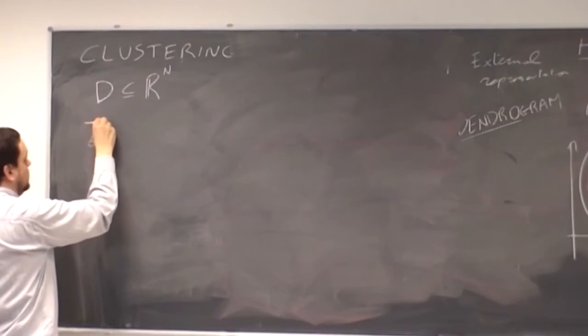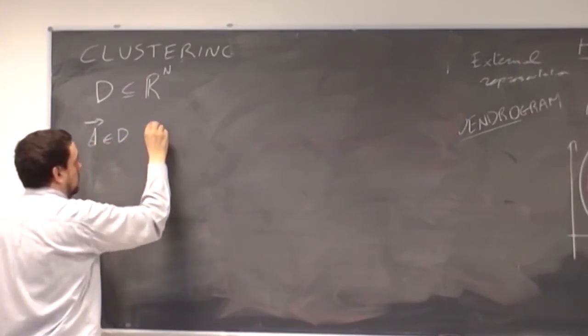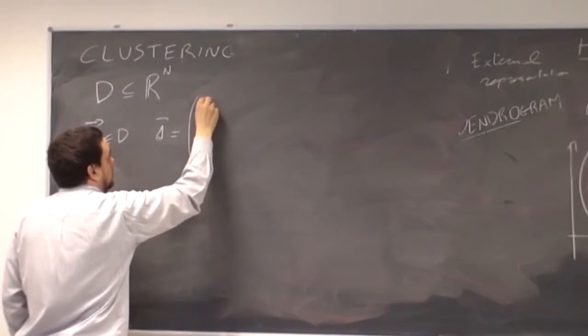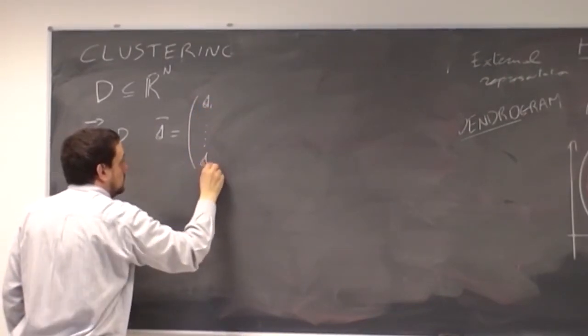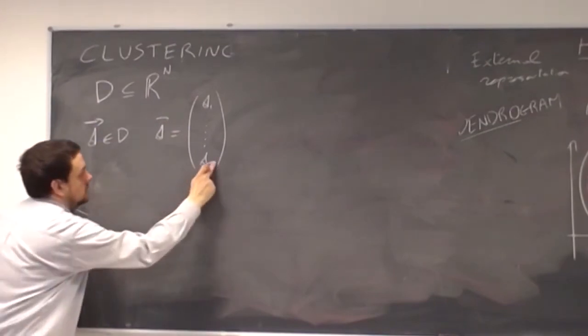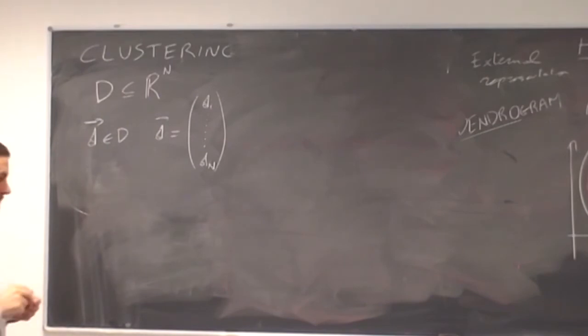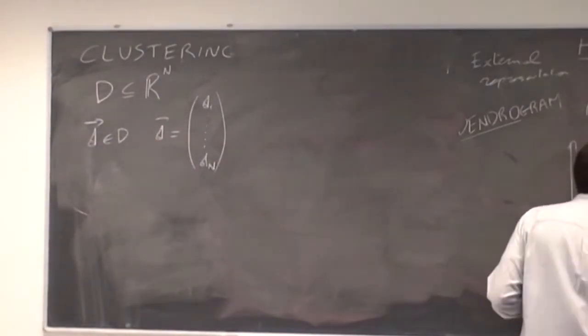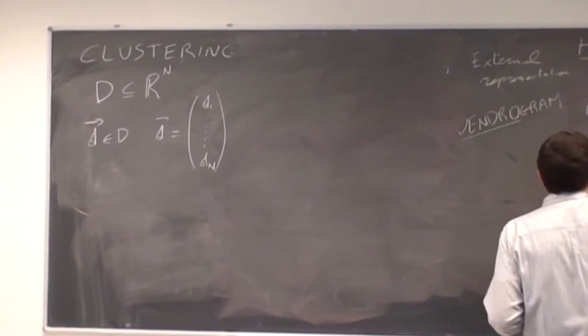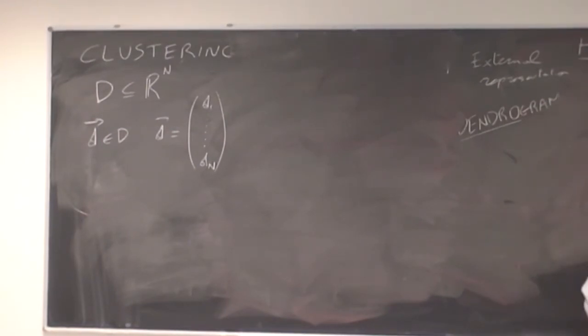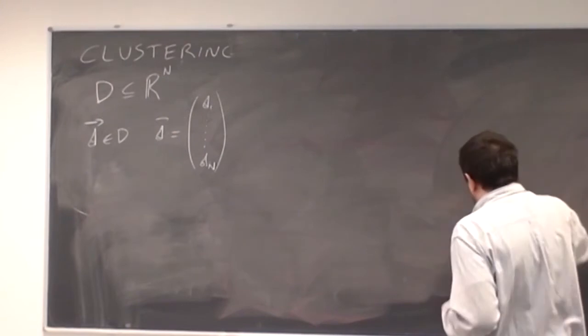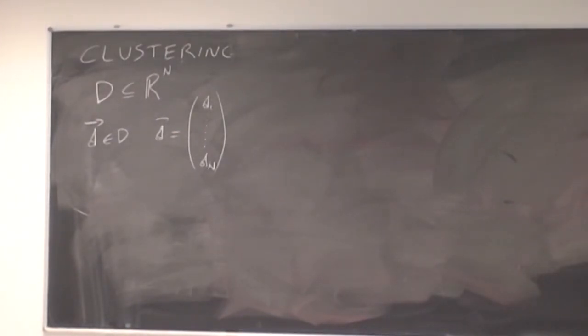So the element d is actually a vector d1, ..., dn. Okay, in this case we can, rather than just considering clusters as sets of elements, take a different approach.